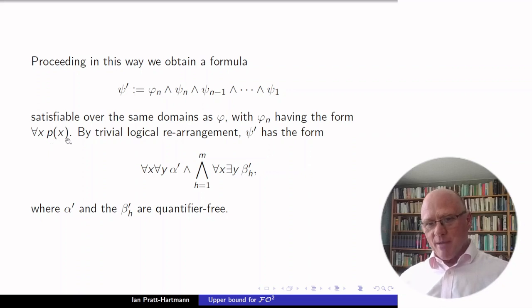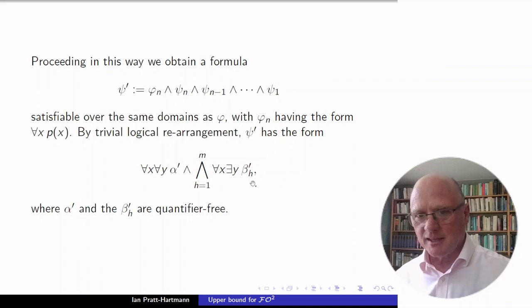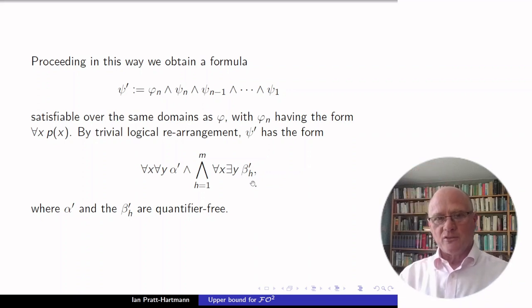Now, when we remember the forms of all the psi's, universal conjoined with the universal existential formula, if we do some trivial logical rearrangement, this formula will have this form. It will be universal, and then alpha prime, where alpha prime is a quantifier-free formula, and a conjunction of universal existential formulas where each beta h prime is a quantifier-free formula.